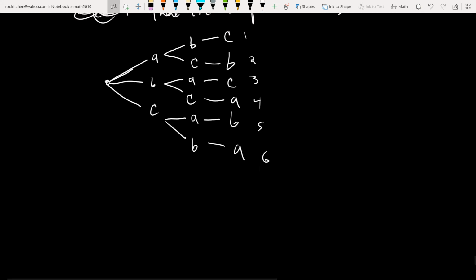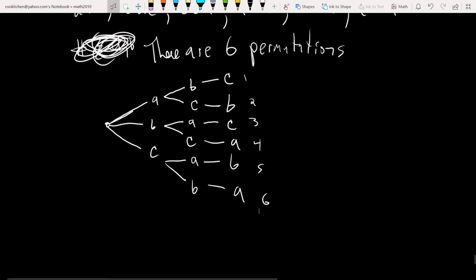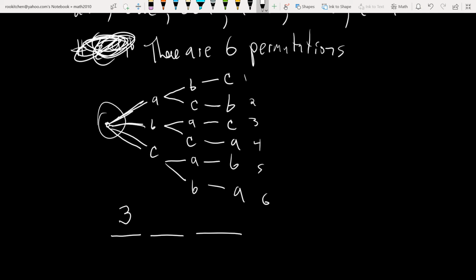So how do we do that using the multiplication principle? Well, you could still play that game. The only problem is, once you have picked one, you have one less to pick from. So in the first task, there are 3 possible letters to pick from. You can see that right here. There are 1, 2, 3 things to pick from.